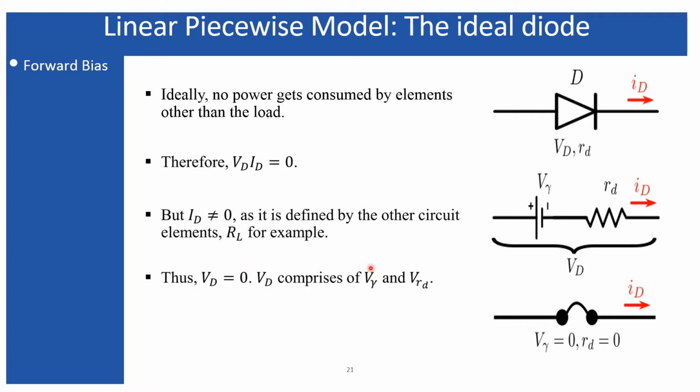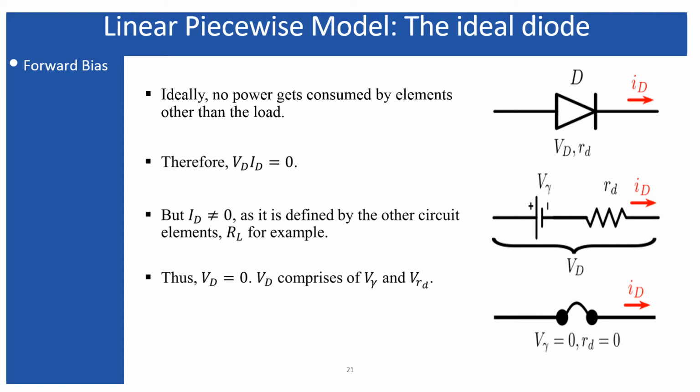And Vd is what? Vd is the voltage drop due to this DC voltage, the assumption for the linear piecewise model, in addition to the voltage drop due to the forward bias resistance. So Vd equal to 0 means the voltage drop across this branch is entirely 0.